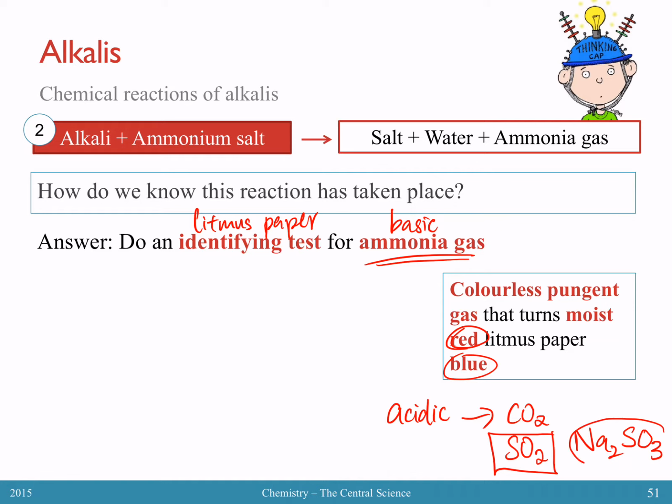If you recall the lab, this gave me my sulfur dioxide gas. So these are both acidic gases, and when the blue litmus paper turns red, I cannot tell which acidic gas it is. So I need to do a further test. That's why for carbon dioxide, your identifying test is not the litmus paper test, but the limewater test.